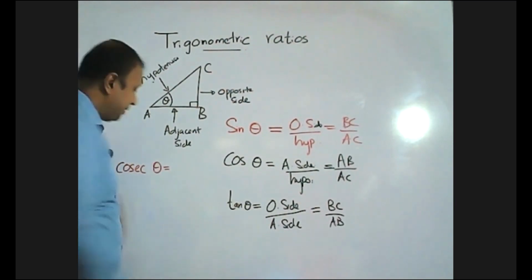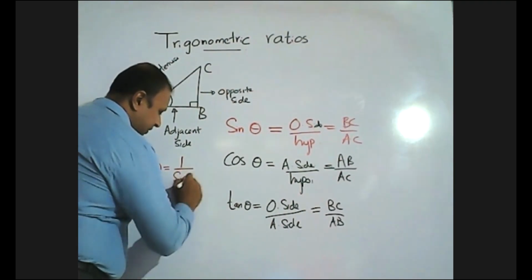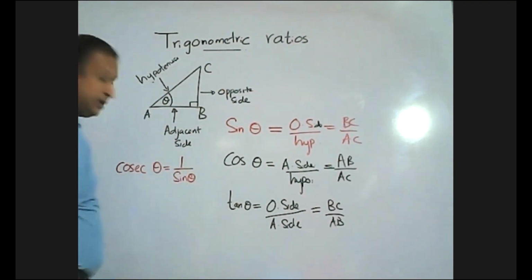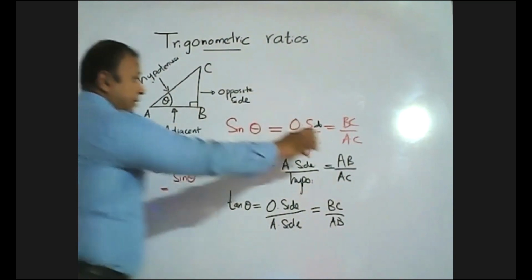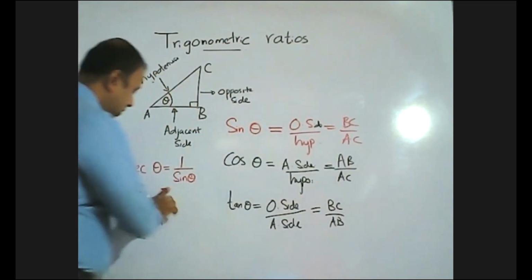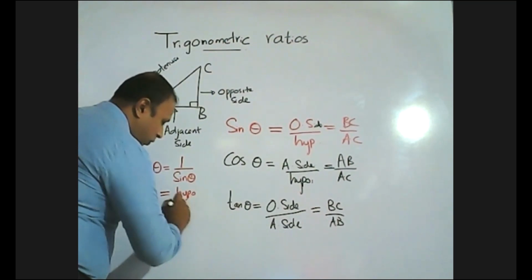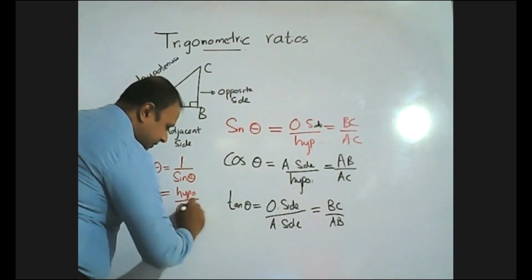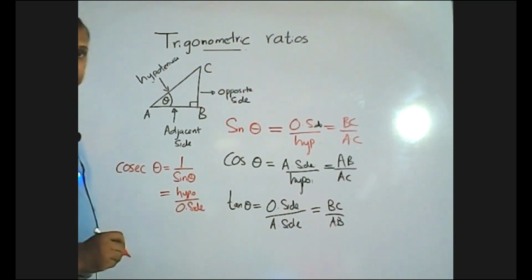Cosec theta is the reciprocal of sine theta. Sine theta is opposite side over hypotenuse, so now it is equal to hypotenuse over opposite side.